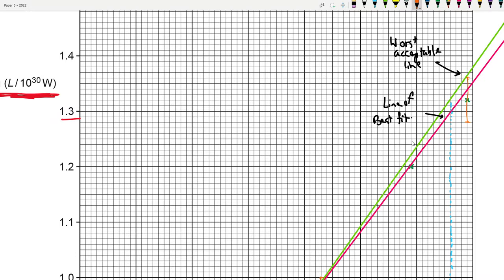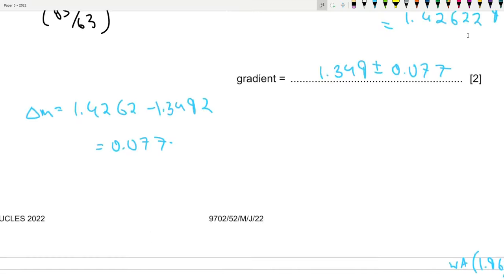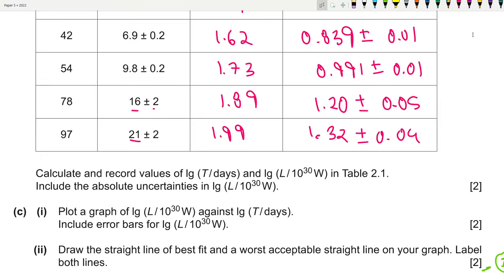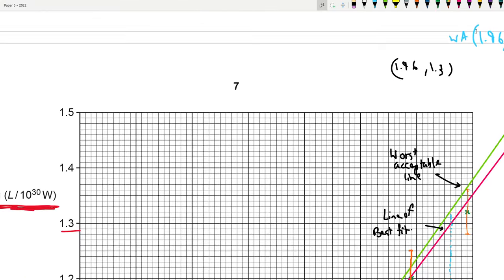So it goes up to here and down here. Okay, that's great, guys. So it goes from 1.15 to 1.25. Great. And the last one is 1.32 plus minus 0.04, which is 1.28 to 1.36. Perfect.